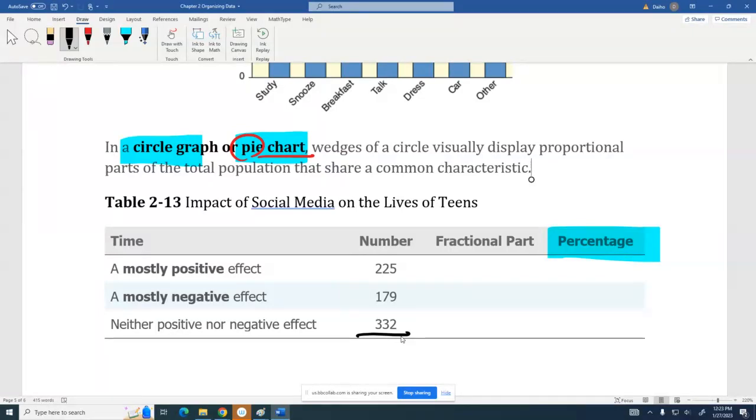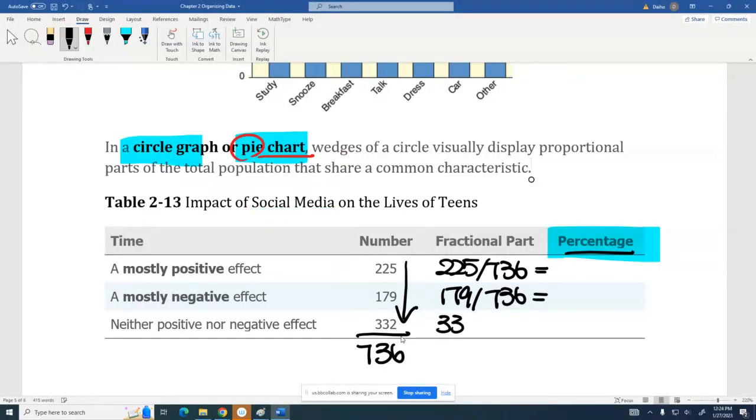Anybody else? What are we doing? Trying to get a sum. I need the sum to get the percentages, the relative frequencies. 736. So the fractions will be 225 over 736, 179 over 736, and 332 over 736. Anybody who got the first one?